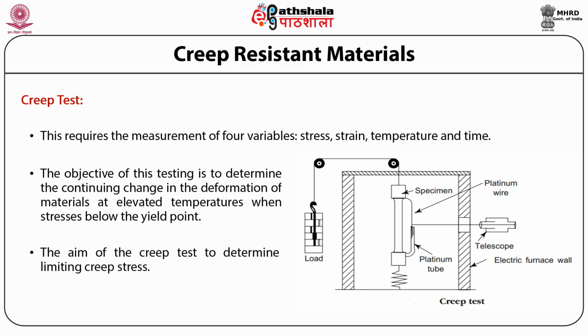The aim of the creep test is to determine limiting creep stress. The figure given below shows the creep test, in which there is a specimen, a platinum tube, platinum wire, then the electric furnace wall and the telescope, and the specimen is connected to the load.